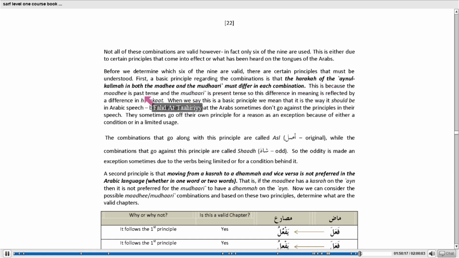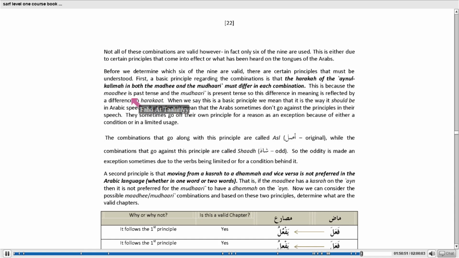This is because the madi is a past tense and the mudari' is a present tense. So this difference in meaning is reflected by a difference in the haraka. Yani a symbol that illustrates that the madi and the mudari' each have a different role and a different meaning they express.